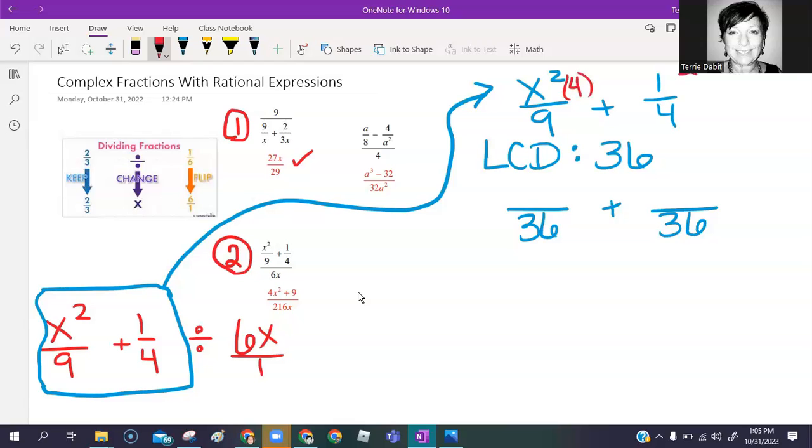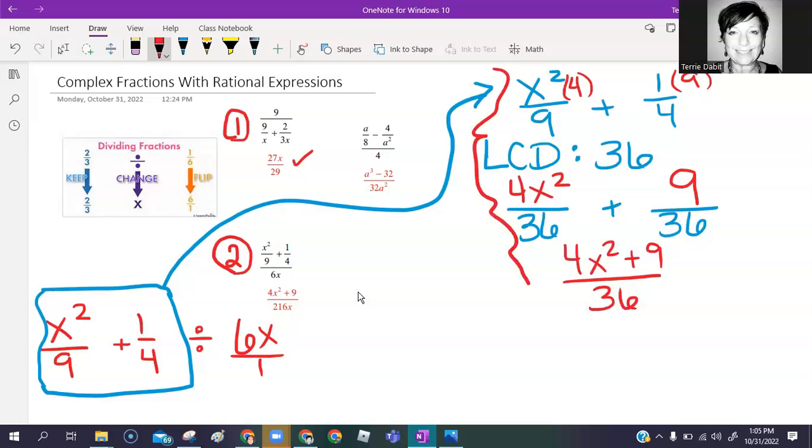What am I missing over here? I'm missing a 9. So that gives me 4x squared, and that gives me 9. So now I can add the top, 4x squared plus 9 over 36. And I've now written it into one single fraction.